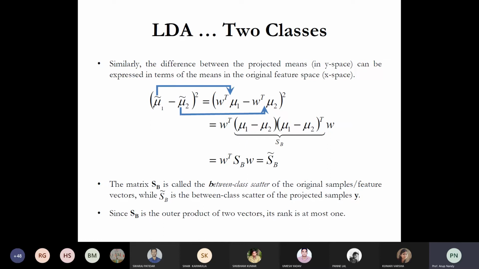Now LDA seeks projections that maximize the between class scatter and minimize the within class scatter.